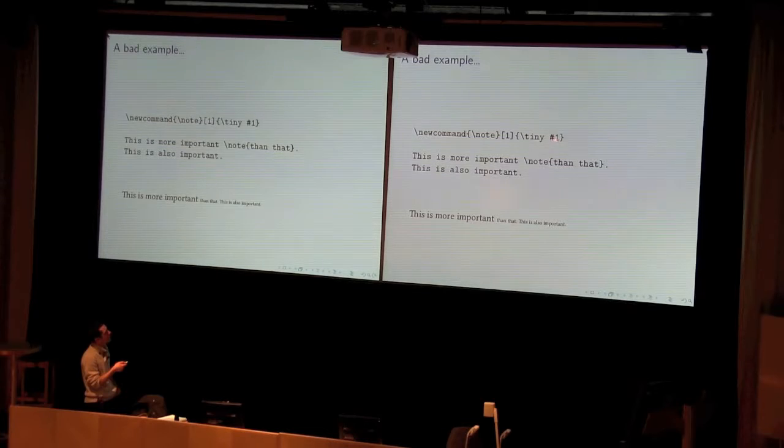Here is the sharp. The sharp is used to refer to the argument. This is the same as in Perl, if you know. In Perl, you can refer to the argument by numbers. Here the same. You don't have names or types for arguments, just numbers.